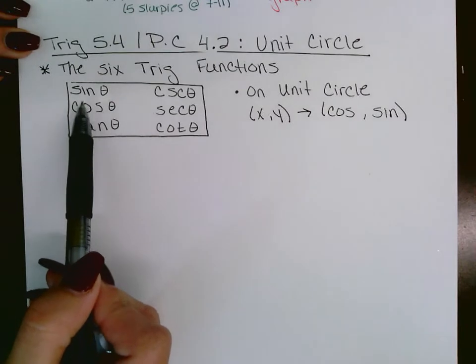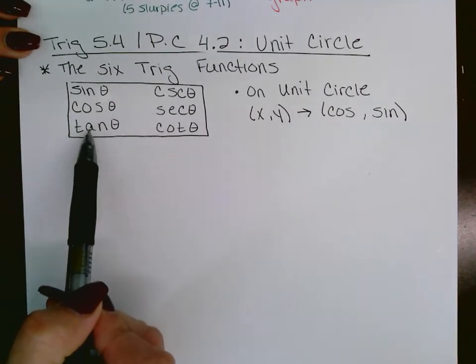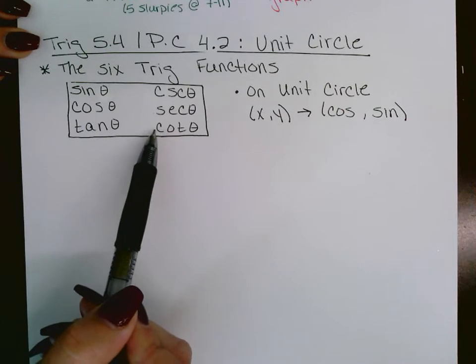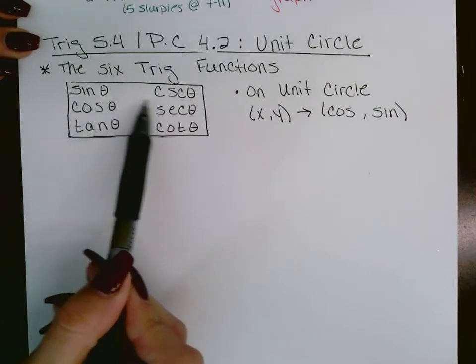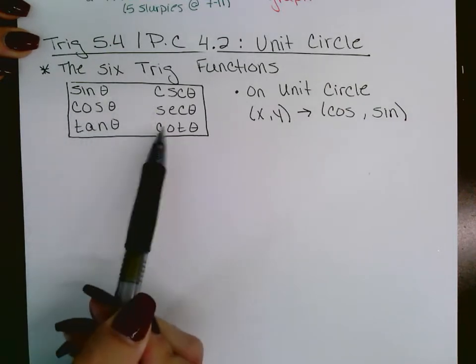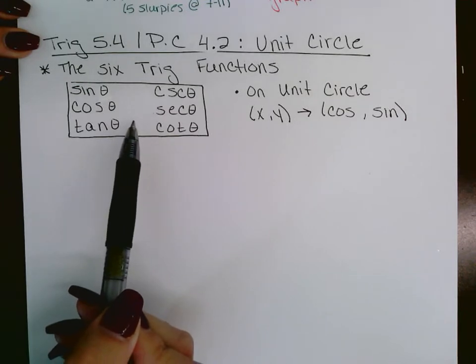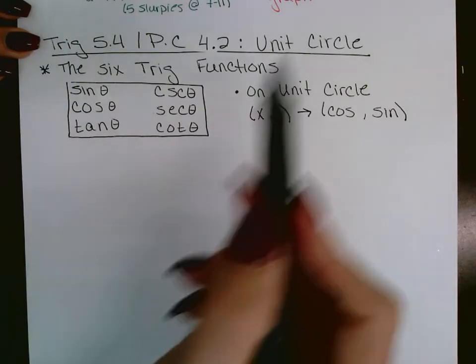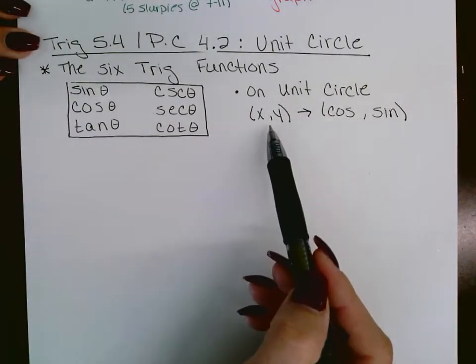So we have sine, cosine, tangent. You might be used to those. And then we have their reciprocals, which is cosecant, secant, and cotangent. I wrote them specifically so that their reciprocals are next to each other, okay? Now, what in the world do these 6 trig functions have to do with the unit circle? Well, on your unit circle, I kept talking to you guys about ordered pairs.